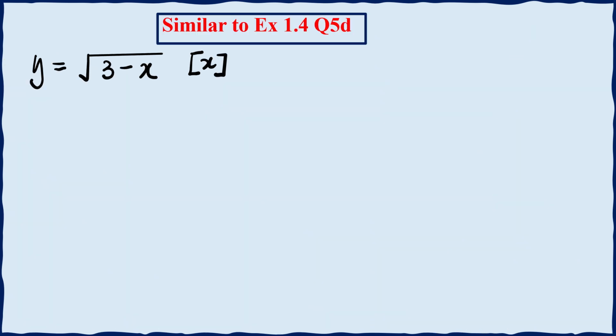Right, the next question we're going to do is similar to your homework questions, exercise 1.4, question 5D. This is the question involving a square root. Just to recall some concepts, square root of 4 means square root of 2 times 2, and that gives you 2. So the opposite of square root is square. You see that when I square 2, I get back 4.